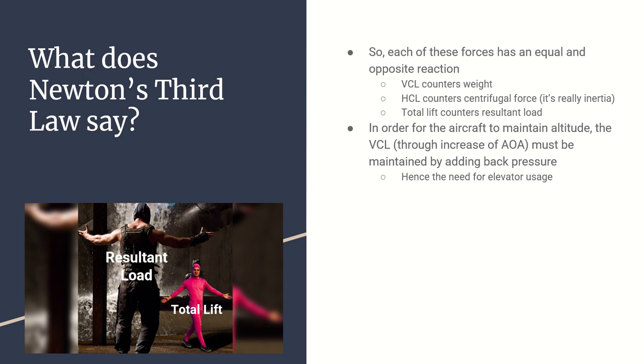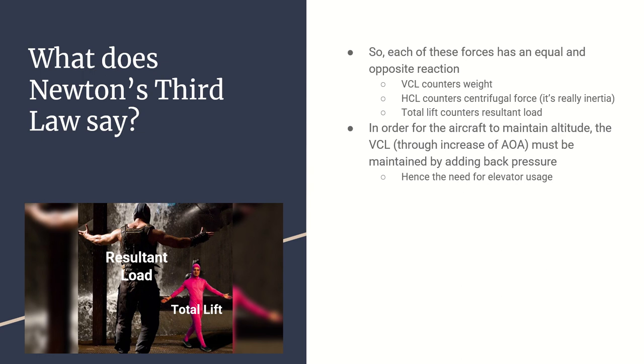Anytime we create a force in any direction, there is an opposing force in the opposite direction. In the case of vertical component of lift, we're very familiar with the fact that weight acts in the opposite direction. If lift acts upward, weight acts straight down. But when we get to the total lift and the horizontal component, those are some new things to talk about. So let's talk about horizontal component first.